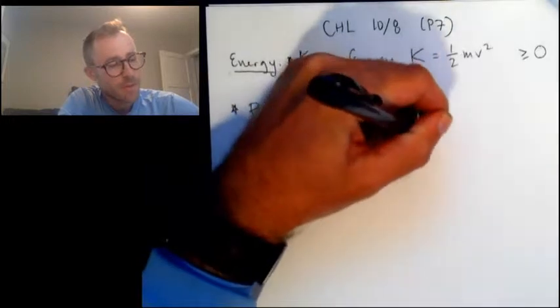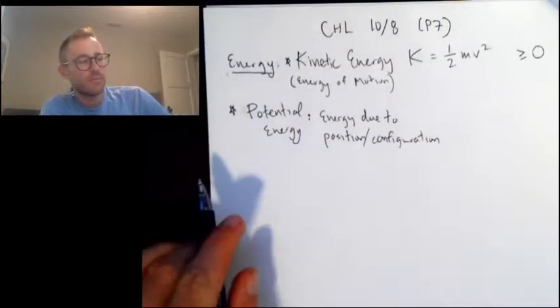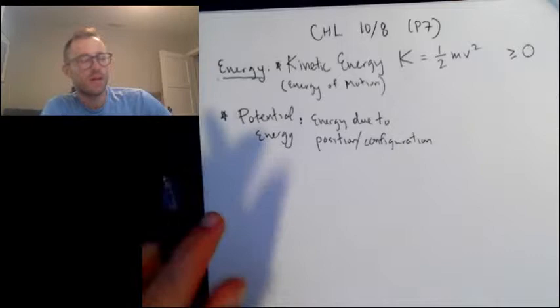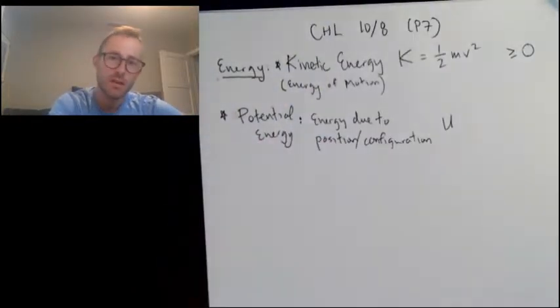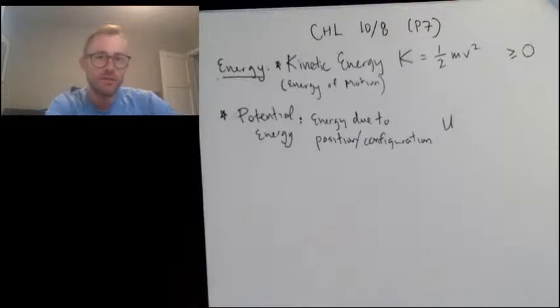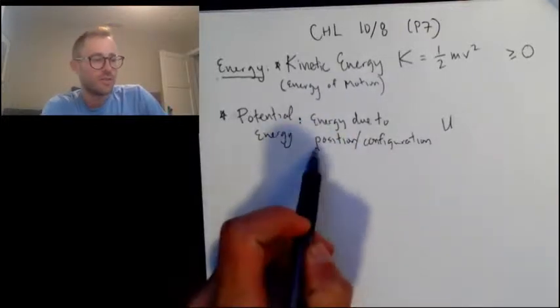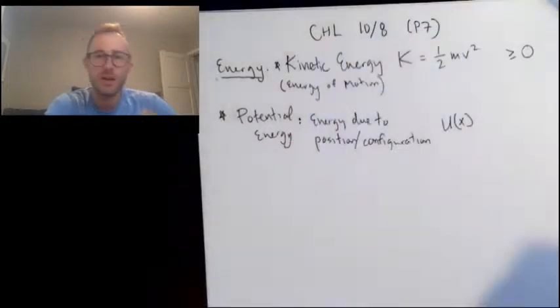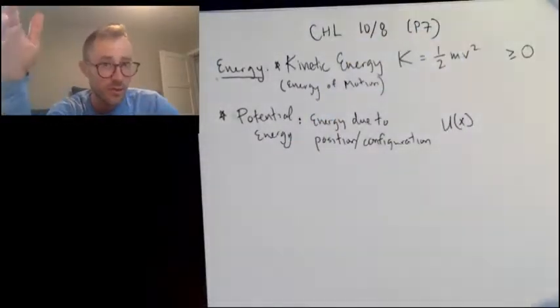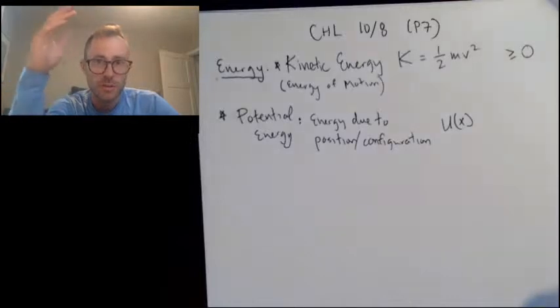Potential energy is denoted by U. And because it's an energy of position, we put U of x. So this is like f of x because x is our variable for position. So we're going to say U of x for energy as a function of position.